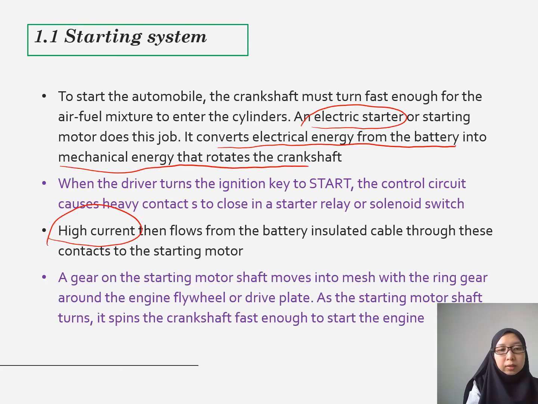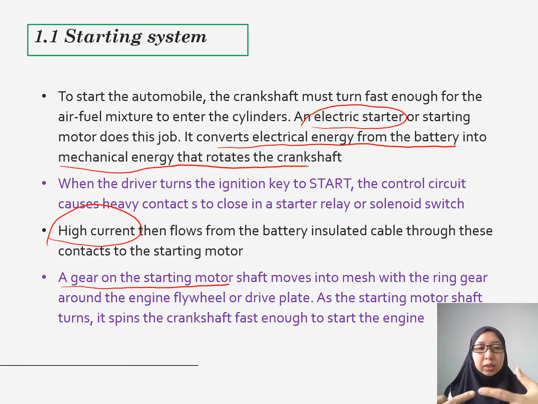And then a gear on the starting motor will move into mesh with the ring gear around the engine flywheel. So there will be two gears connected with each other. Then this engine flywheel will spin the crankshaft fast enough to be able to start the engine.